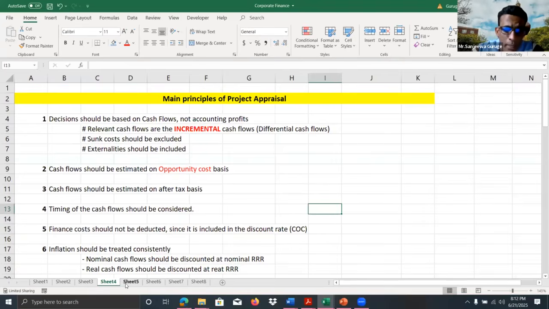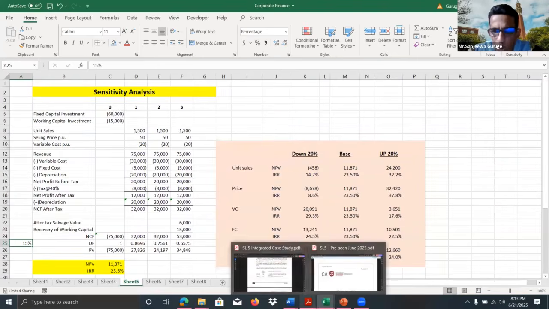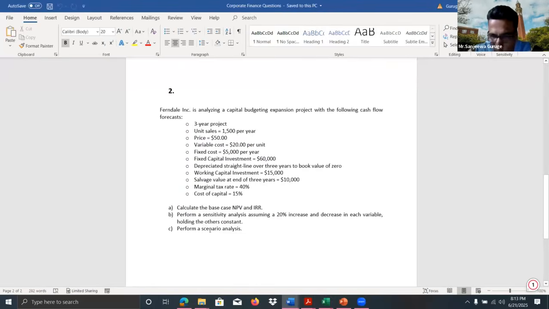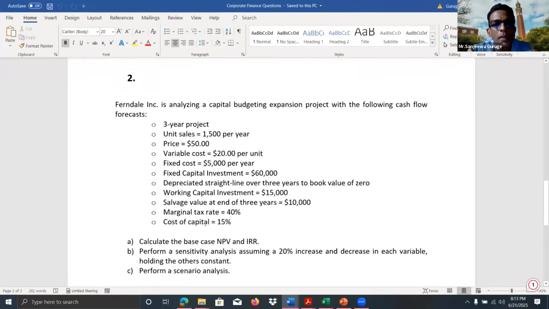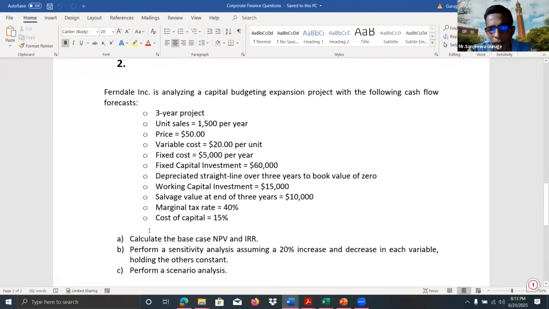And okay, this sensitivity analysis, right? Sensitivity analysis is a technique used to analyze the risk of a project. So here, to save time, I have prepared the relevant cash flows for this particular project, because when we have to evaluate a project like this, the details of a particular project are given.